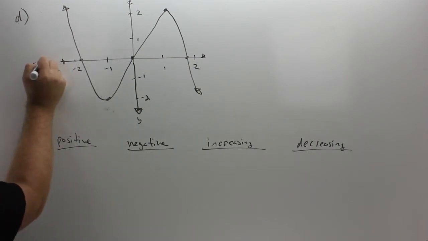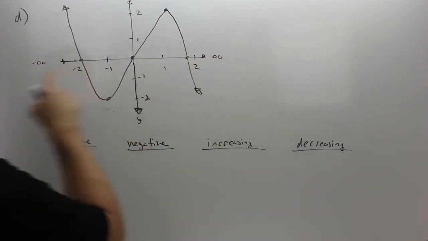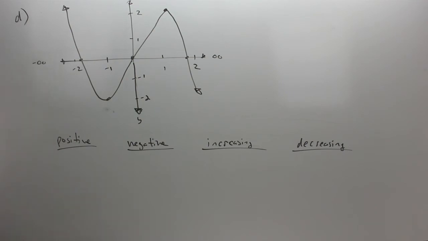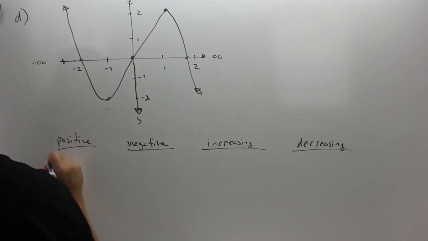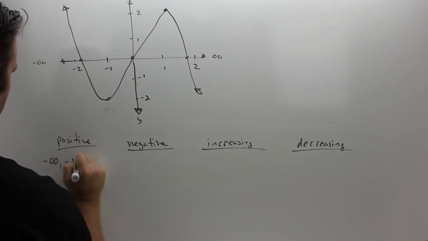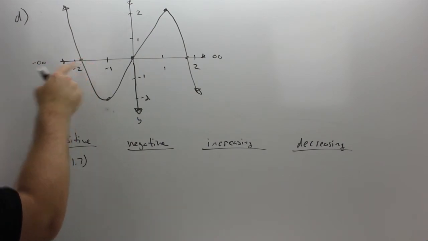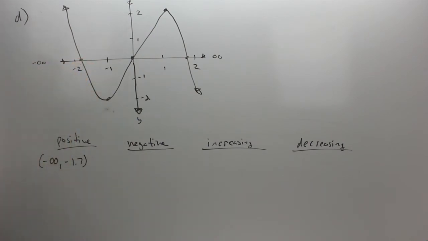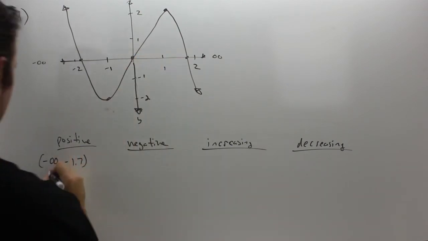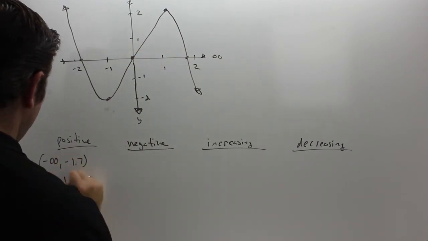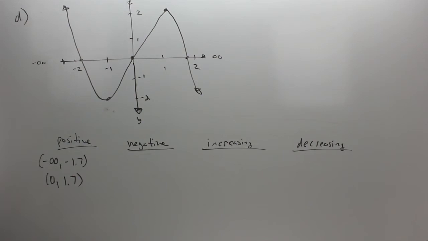If we start from negative infinity and work our way to infinity, from negative infinity to about, on the graph this actually looks like approximately -1.7. So we'll say negative infinity to -1.7, it's above the x-axis, right? Then, the next time we're going to be above the x-axis is from 0 to what looks like it's about positive 1.7.